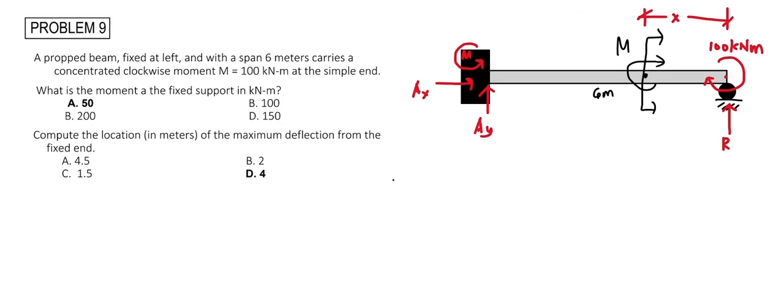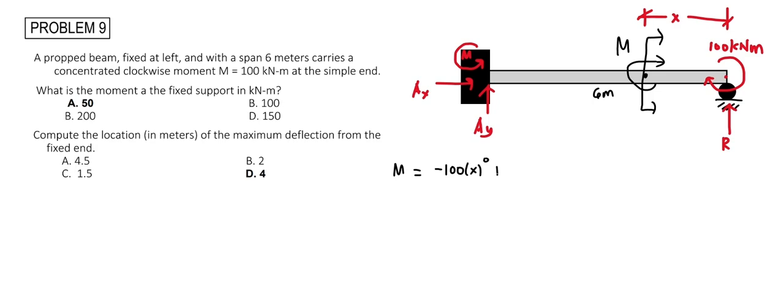Creating our moment equation, the 100 kN-m couple is acting in the same direction as M, so this becomes negative 100 times x raised to the power of 0.